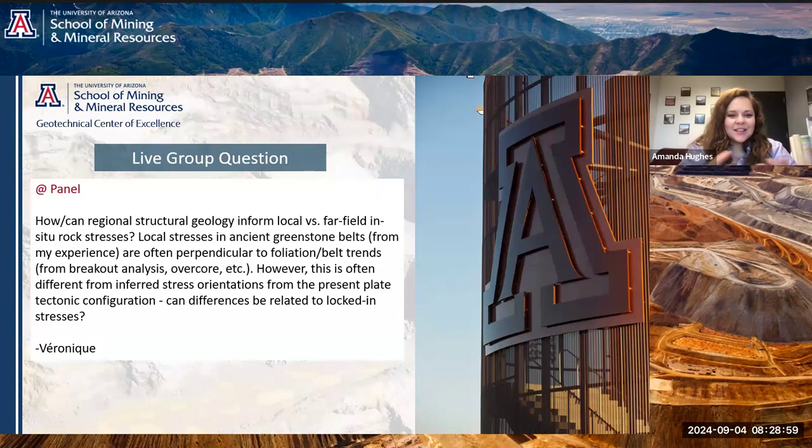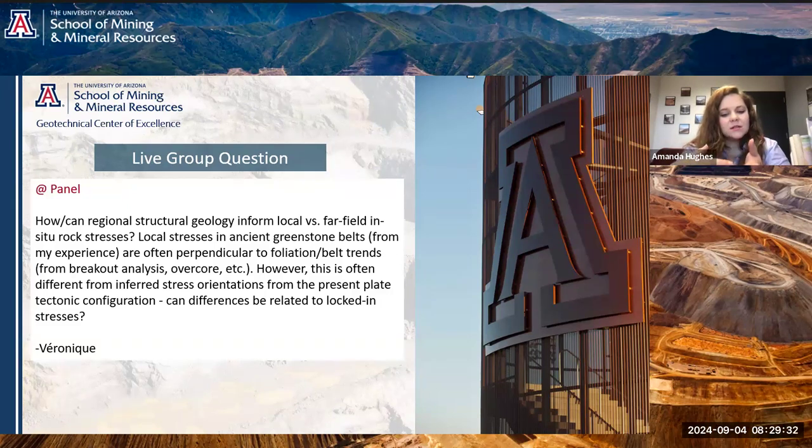Yeah, so there's three different times that stresses are being reflected in the rock mass, right? So the formation of the greenstone belts themselves are locking in anisotropy to the rocks themselves as they're deforming in the stress field that formed the deposit in the first place. And then when that is now subject to the regional tectonic stresses in the modern state, there's a far field regional tectonic stress.